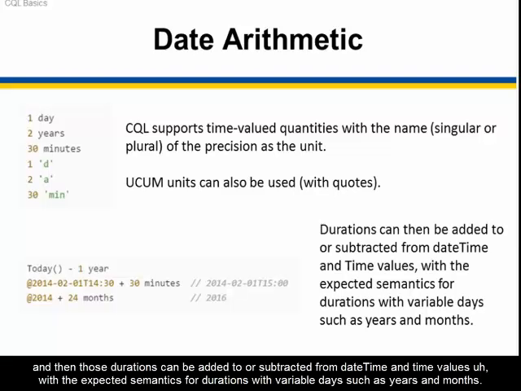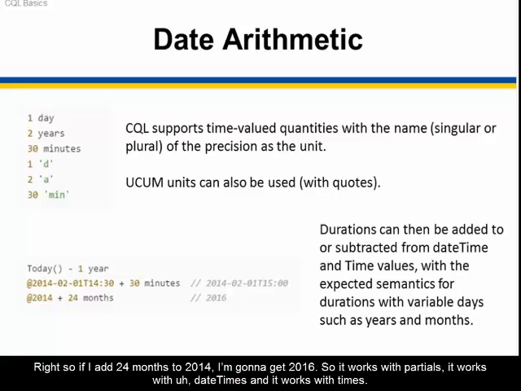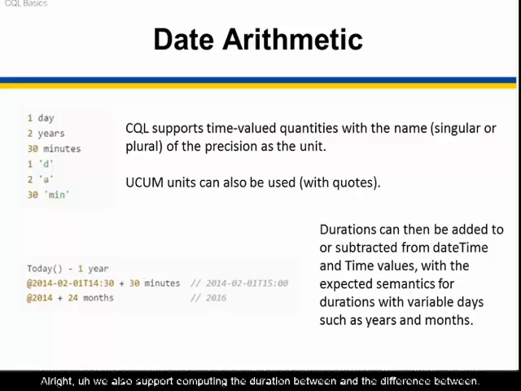And then those durations can be added to or subtracted from date, time, and time values with the expected semantics for durations with variable days, such as years and months. Right? So if I add 24 months to 2014, I'm going to get 2016. So it works with partials, it works with date times, and it works with times.